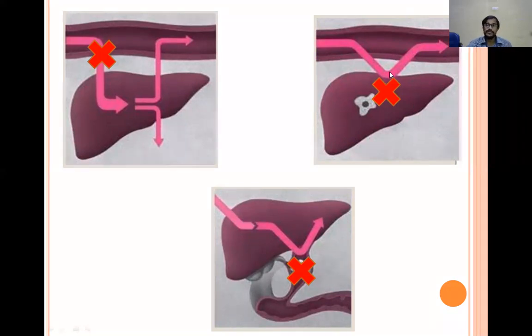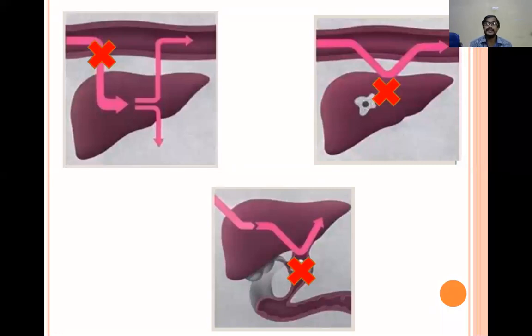In this case, both direct and indirect bilirubin will be increased. Indirect is increased because the production of indirect bilirubin is normal, but there is a defect in conjugation, so indirect bilirubin will accumulate. Coming to direct bilirubin, due to the defect in the liver there will be inflammation of the liver cells.